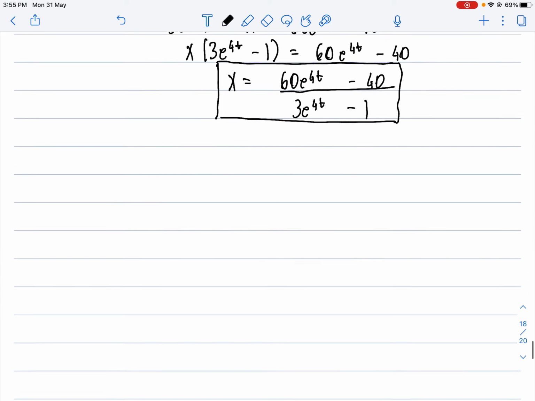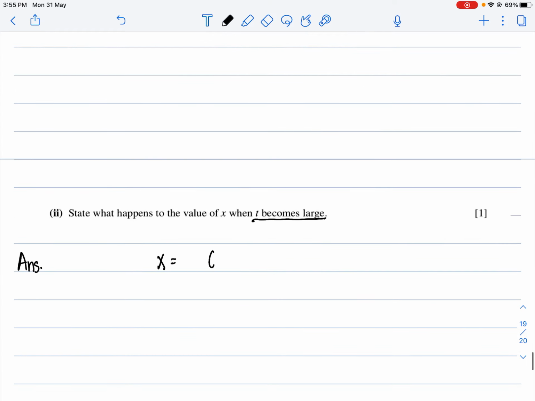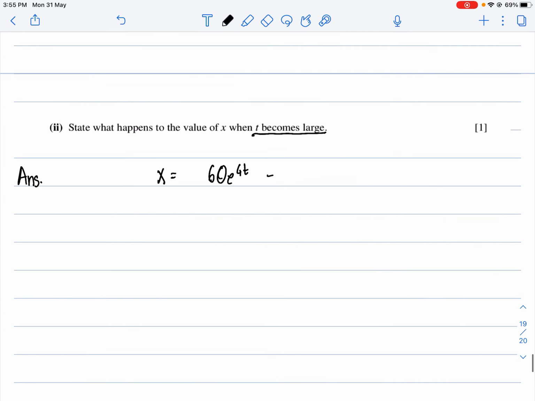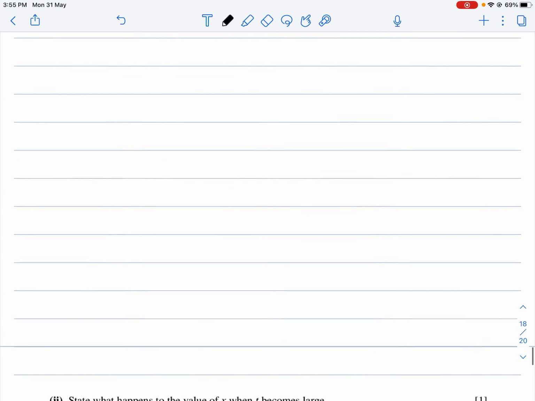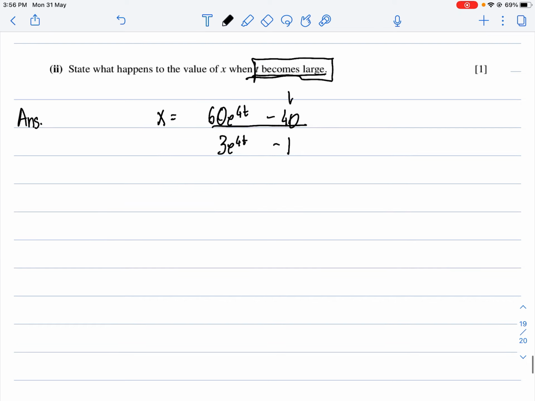So I can simply say this is x in terms of t. Okay? Now, the b part. State what happens to the value of x when t becomes large. So I know my x is basically equal to (60e^(4t) - 40)/(3e^(4t) - 1). Now if t becomes large, like they are stating, something in millions, trillions, whatever, obviously my 40 and my minus 1 will become insignificant, there won't be any significance of it.